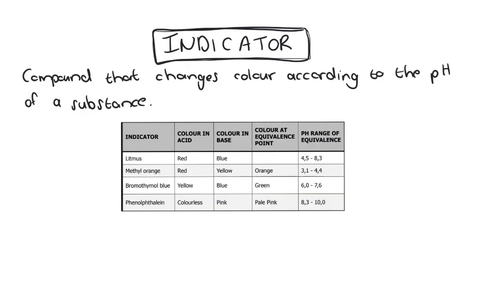So it's very important that you know these common indicators and what their pH range is, what color they start with, whether in an acid or in a base, and the color at the equivalence point. It's very important to choose your indicator correctly. It must match the type of titration, because otherwise you won't know when your equivalence point has been reached.